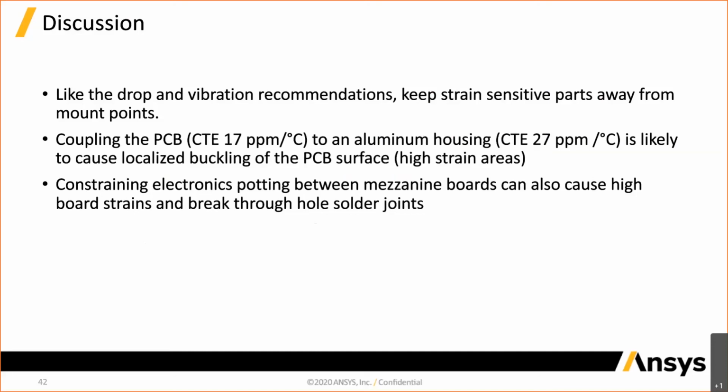If you lock your board down into the bottom of a metal housing with a lot of mount points in that housing, and then you pour potting underneath of it, and then you temperature cycle it, the hydrostatic pressure on that board, because that potting can't expand freely, is just going to bow that board and cause all sorts of problems.